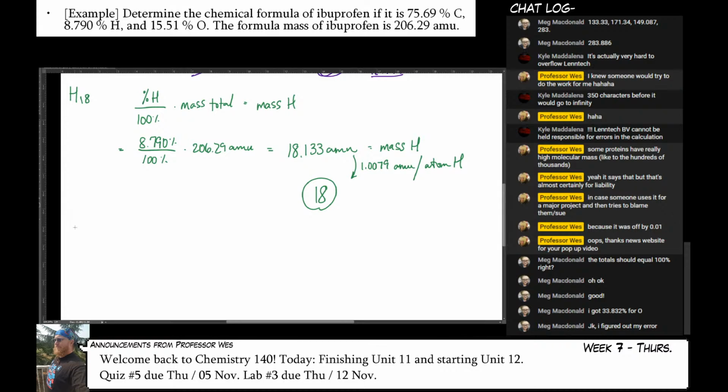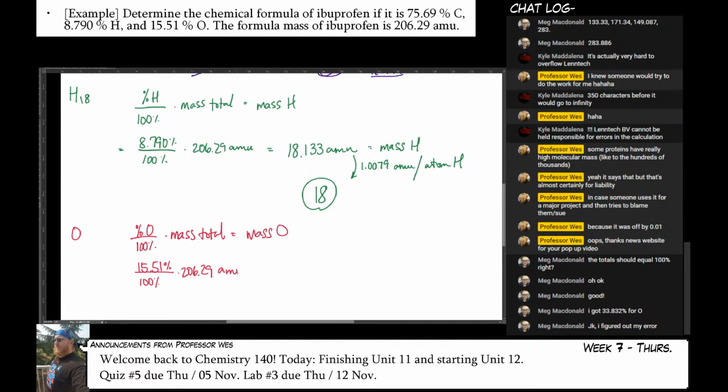And then we'll do the same thing for oxygen. And so that's 15.51% over 100% times, I keep looking at the numbers, trying to find the one I want.